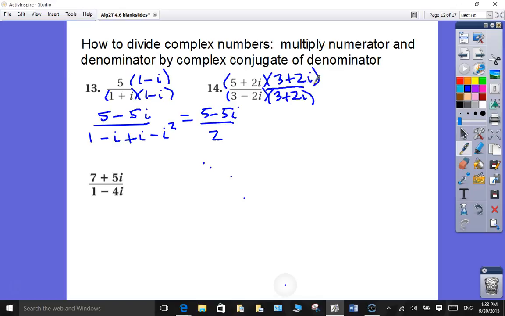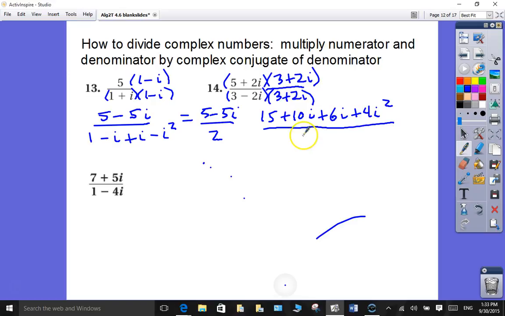Again, the numerator, you're still going to have to FOIL. Right? That'll be 15 plus 10i plus 6i plus 4i squared. In the denominator, I'm not going to FOIL. I'm just going to do first terms minus last terms.